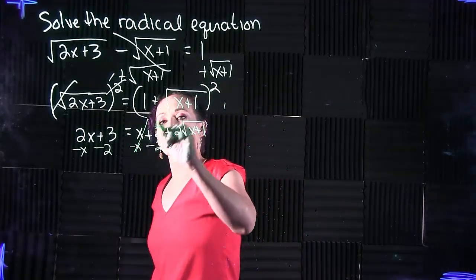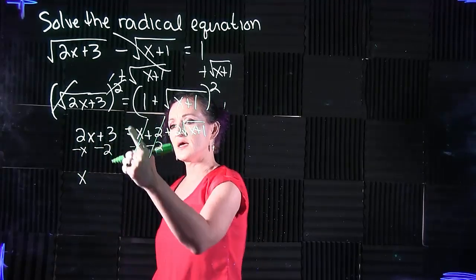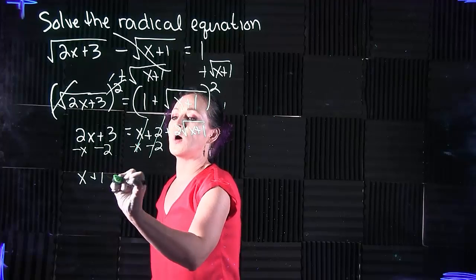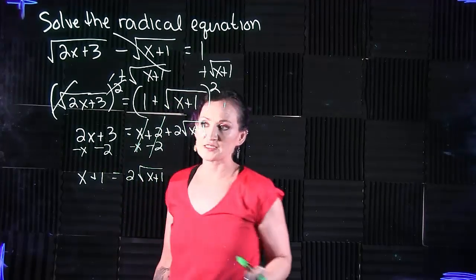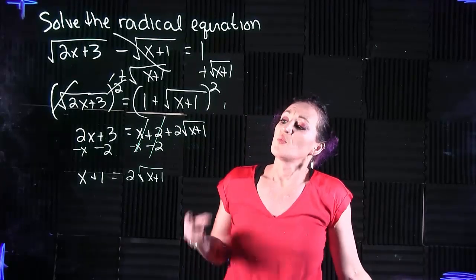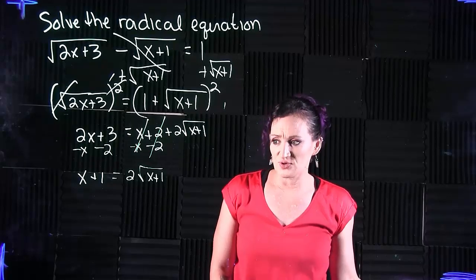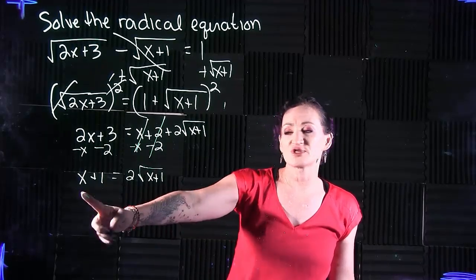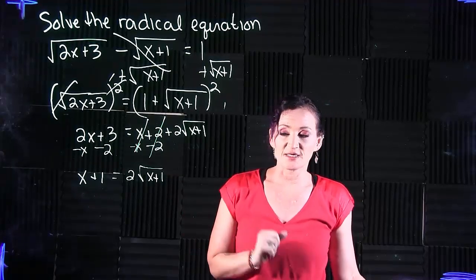So on the right-hand side, those are going to cancel. 2x minus x is an x. 3 minus 2 is a 1. And that is going to equal 2 times the square root of x plus 1. We got our radical isolated. We don't need to worry about dividing by the 2. That'll cancel it on the right, but we're just going to be left with a fraction on the left, and we don't want that. So let's leave it as it is.